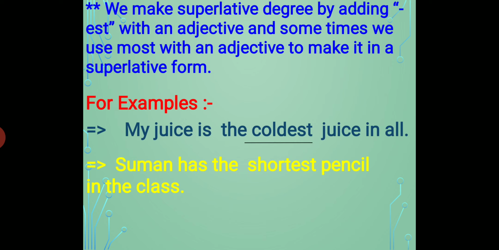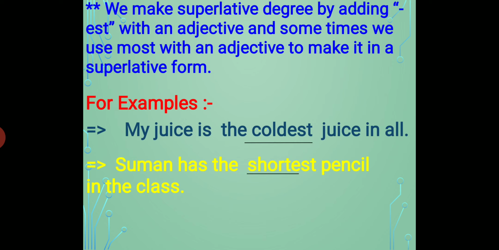So here the comparison is among 30, 35, 37, whatever the number of students in the class. So more than 2 nouns. If they are compared, then the answer would be in the superlative form, right? So here, what is the superlative form? Shortest.